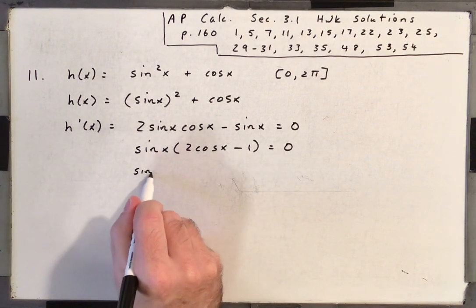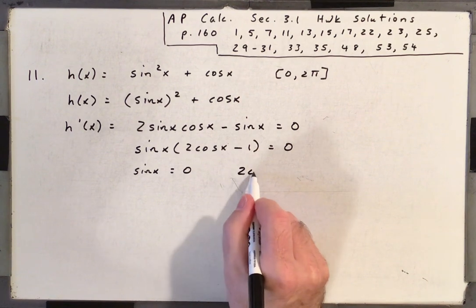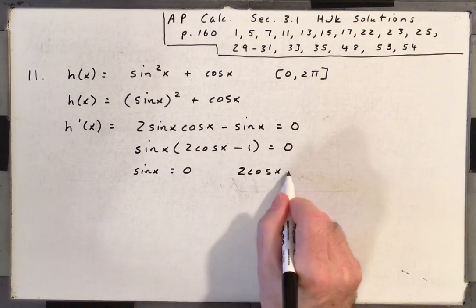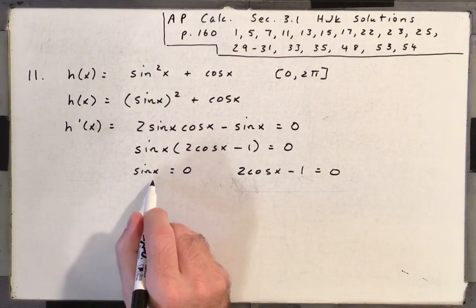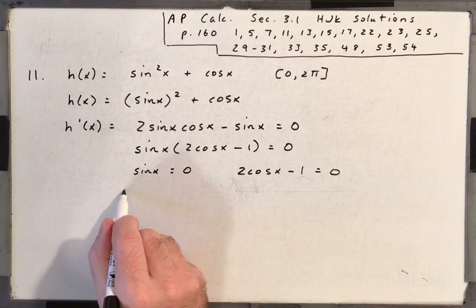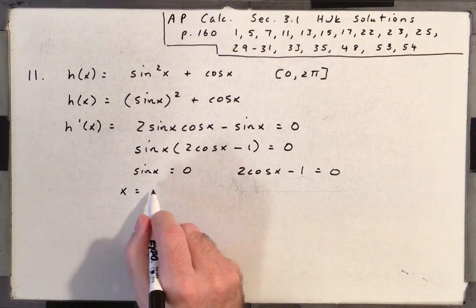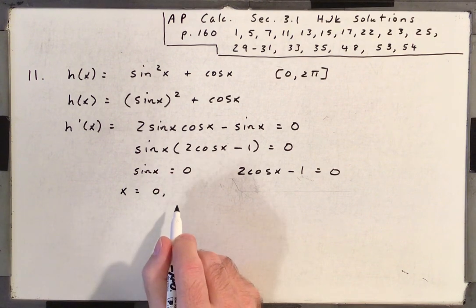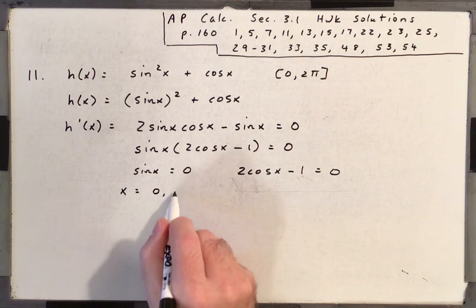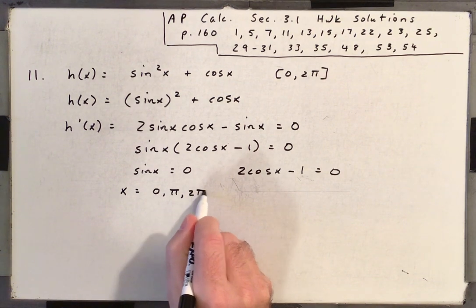So we need to determine where sine x equals 0 and where 2 cosine x minus 1 equals 0. Well, sine x is equal to 0, if you look at the unit circle, at 0 and then again at pi and also at 2 pi.